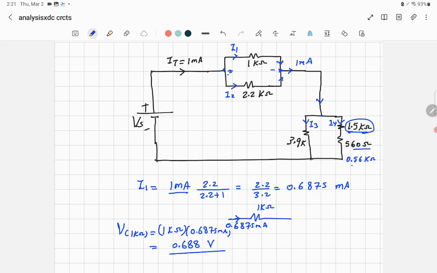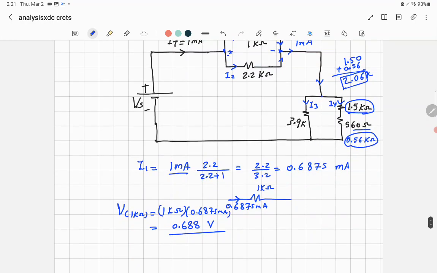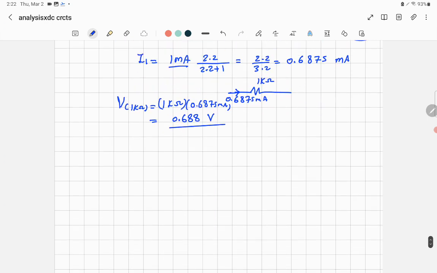Let me just do it here, 1.5 added to 0.56, and that gives 2.06 kilo ohm. Okay, that's important to have the same unit. So what you're going to do now, I will just sketch here the two resistors I added.